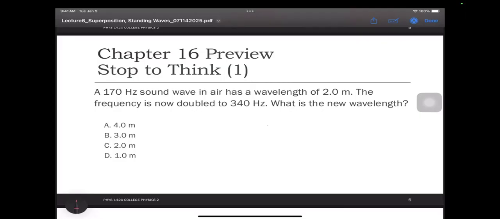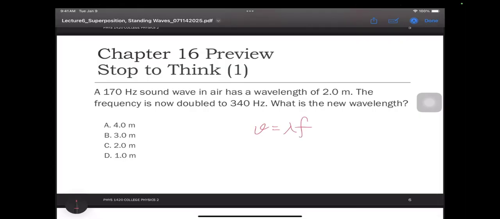We just write the equation for this one: v equals what? Try to remember it without looking back at the slides. v equals lambda times f, am I right?